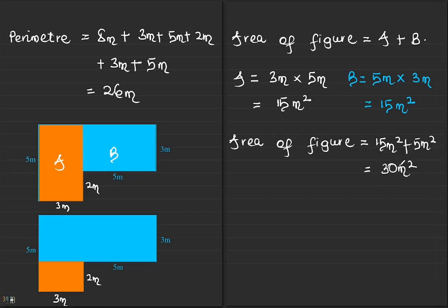We have 30 meter squared. So what do we know? We know the cost of a meter squared is simply what? A 20 cedis. That is 20 cedis per meter squared.